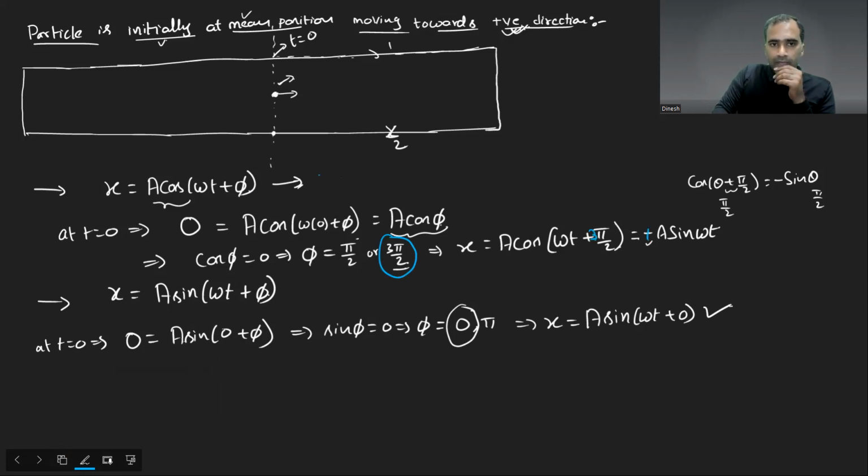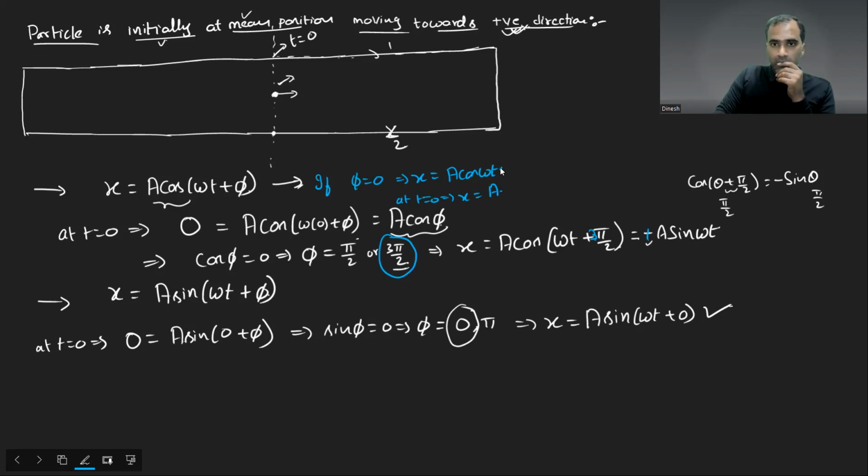Okay. If phi is 0, then can you tell me what is the displacement? A cos omega t, correct? Now, at time 0, what is the displacement? Is it not maximum?